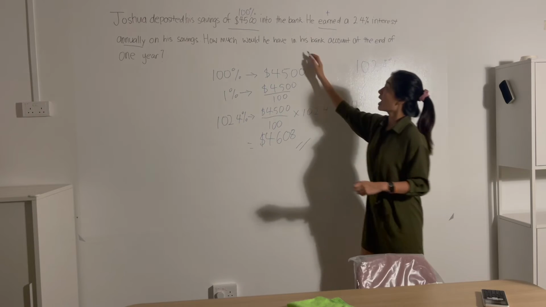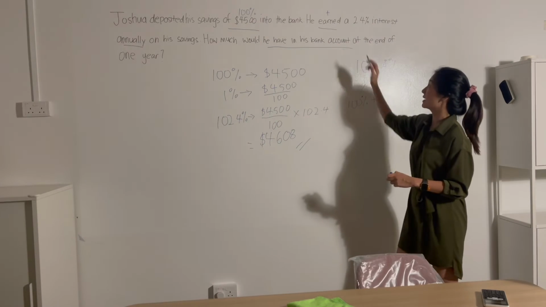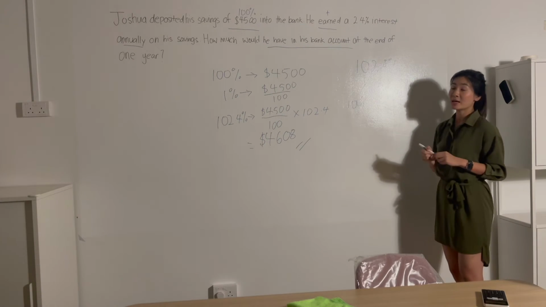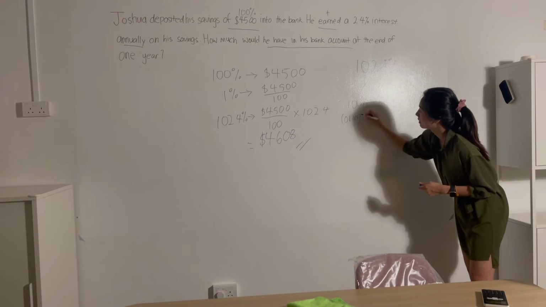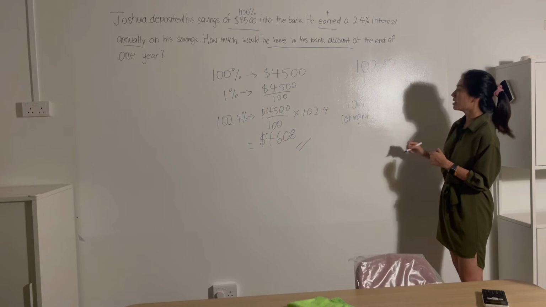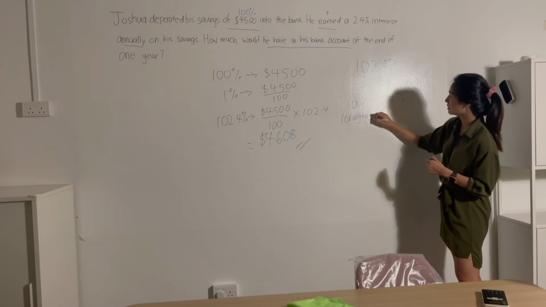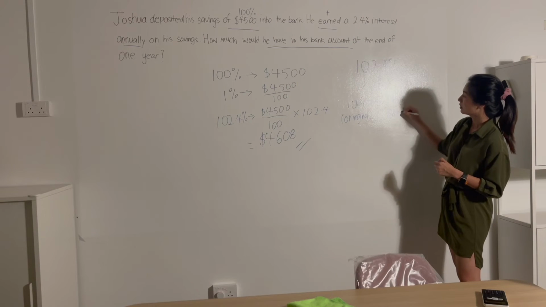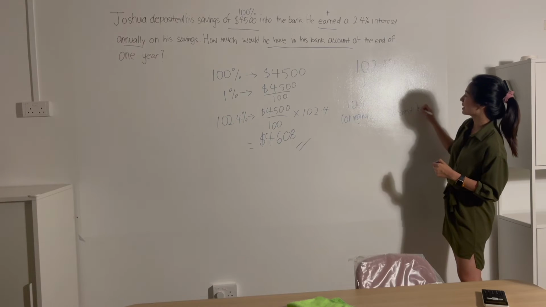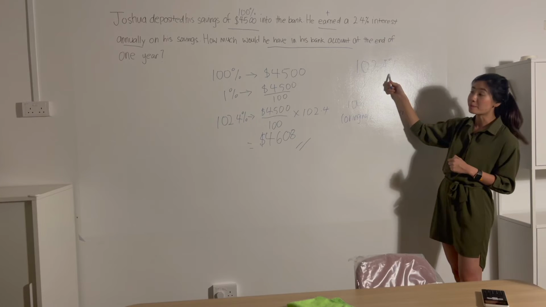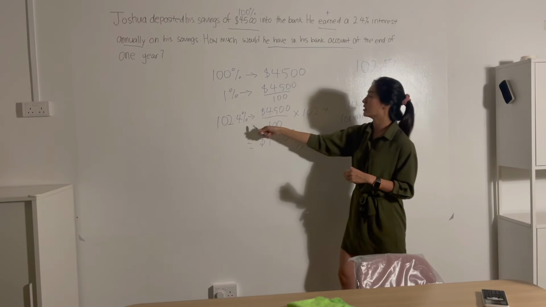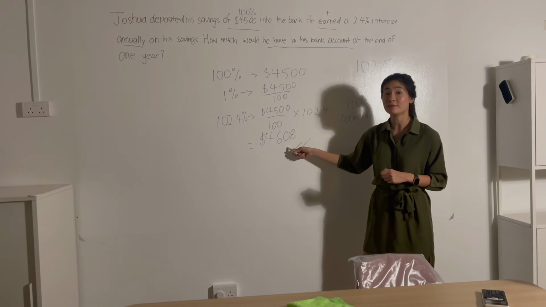They want to know how much he will have in his bank account at the end of 1 year, together, his original amount with the interest, 2.4%. Adding them together, I get 102.4%, and that is why I went on to find this particular value.